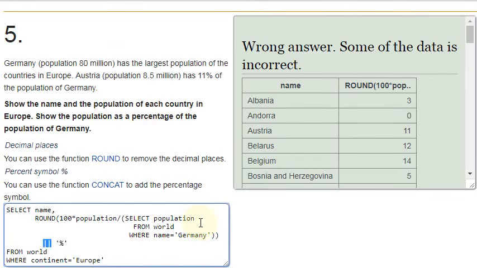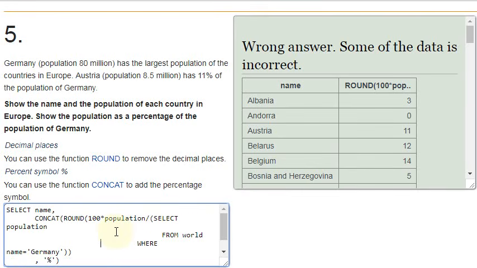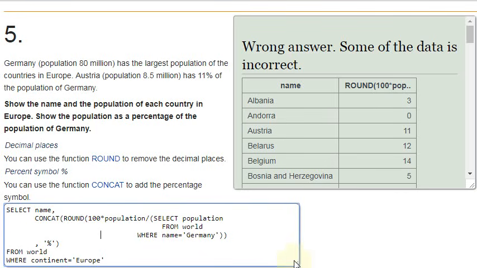But in this particular version of SQL, I don't think there's anything we can do other than use the rather ugly concat function, which means making this query even bigger. So concat is short for concatenate, and concatenate is just a posh word for stick two things together. You don't have to be very posh to be posher than stick two things together, do you? Okay, and now it just looks hideous.